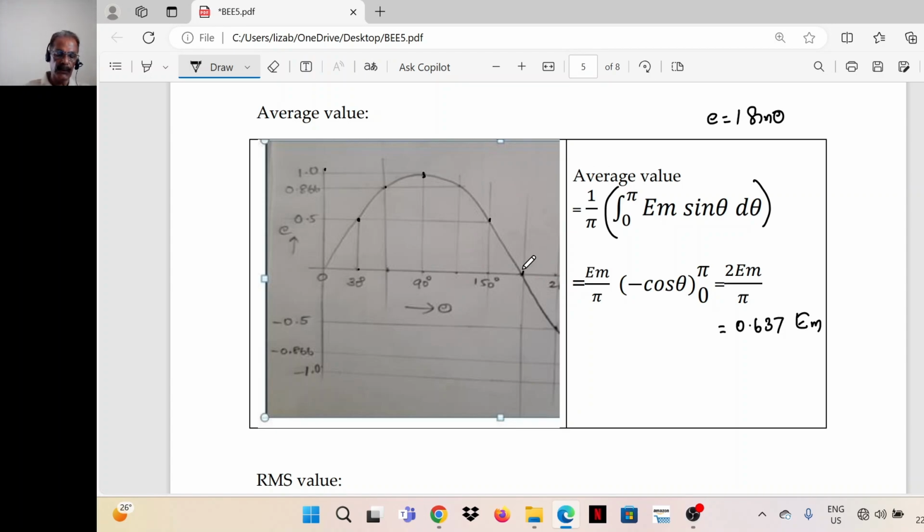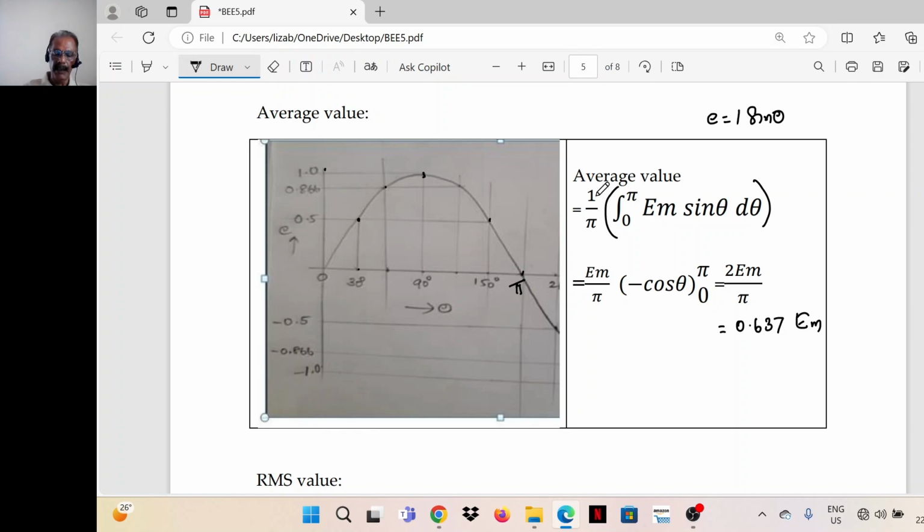So at different instances, the magnitude of the EMF is different. What is the average? Average can be found by adding all instantaneous values over the interval 0 to pi and dividing it by the interval, that is pi.